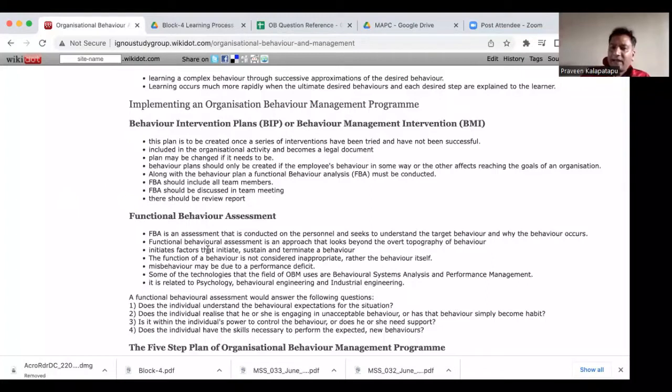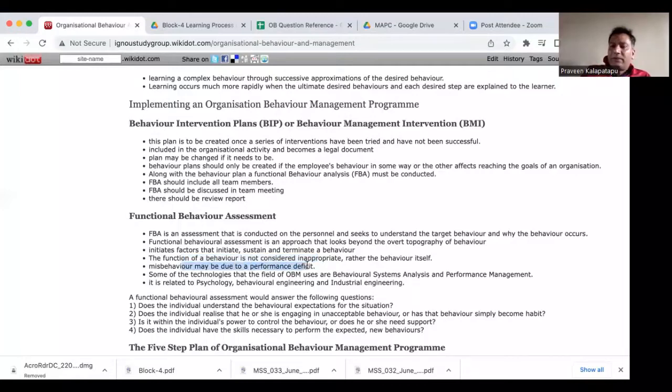All these factors would be analyzed. The function of a behavior is not considered inappropriate. Here we are not talking about the function of the behavior, we are talking about the entire behavior as a whole. It is not about how they are doing it; rather, the entire behavior is being analyzed here.